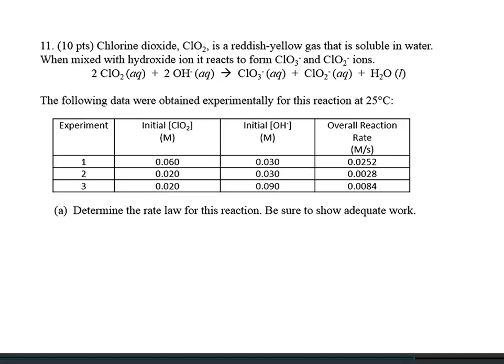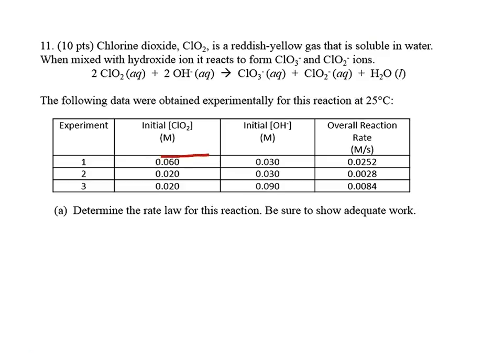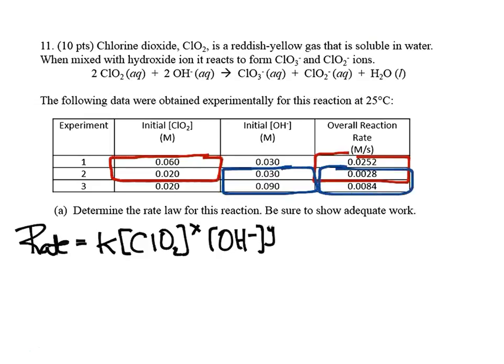We're going to move on to number 11, which is our rate law question. So here we're going to compare experiments 1 and 2 for the concentration of ClO2 along with the effect on the rate. And then we're going to compare experiments 2 and 3 for the effect of the concentration of hydroxide. Remember that the rate law has this form.